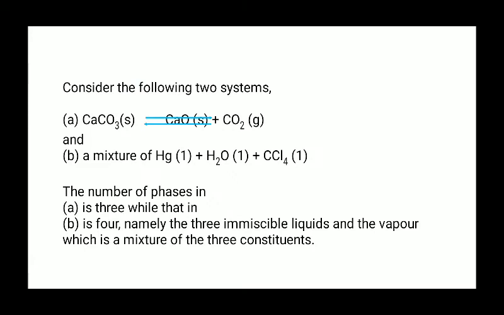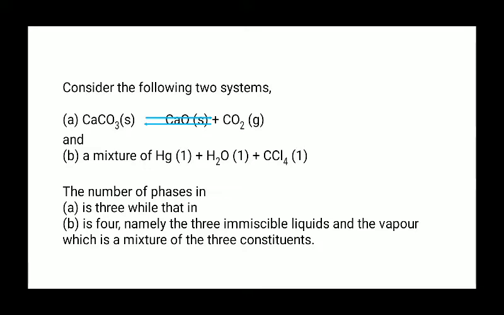Consider the following two examples. A: Calcium carbonate solid is in equilibrium with calcium oxide solid plus carbon dioxide gas. B: A mixture of Hg liquid plus H2O liquid plus CCl4 liquid.